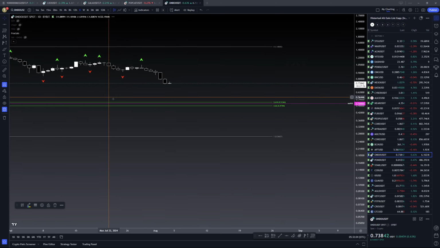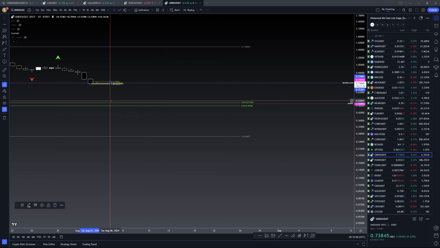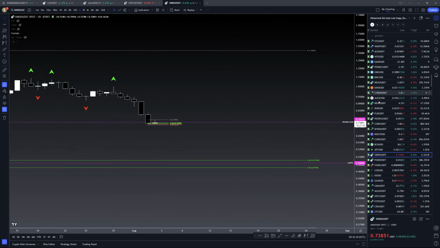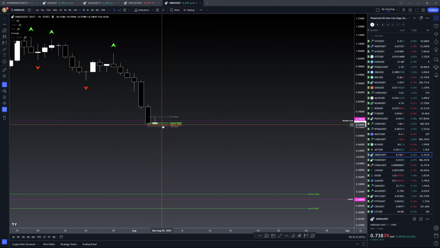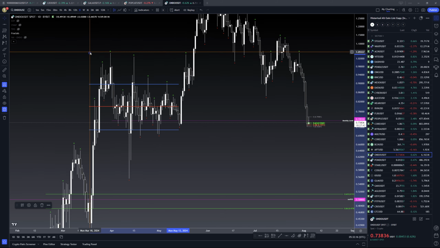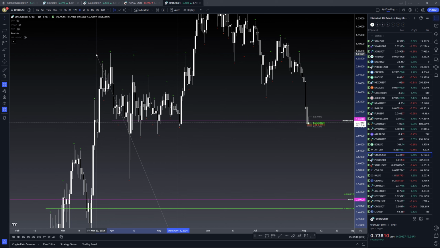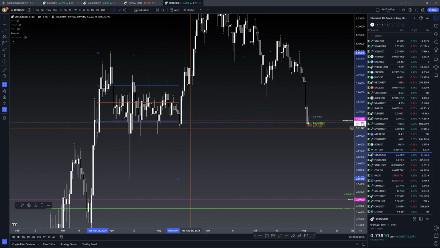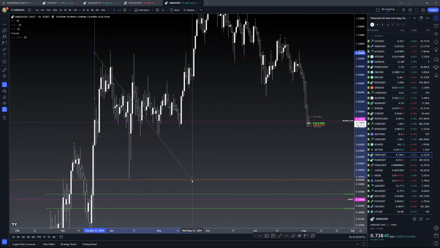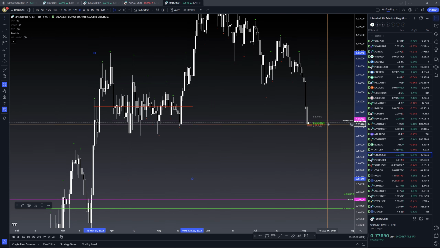That candle. Unless this candle grows. It's bounced.